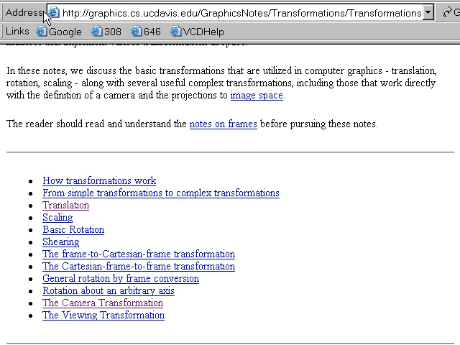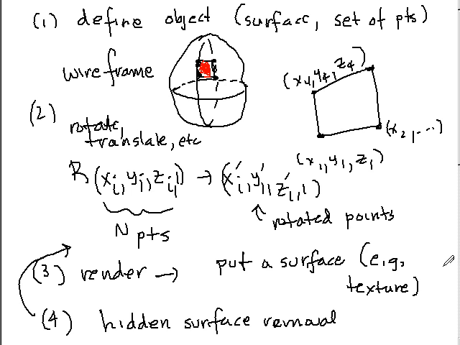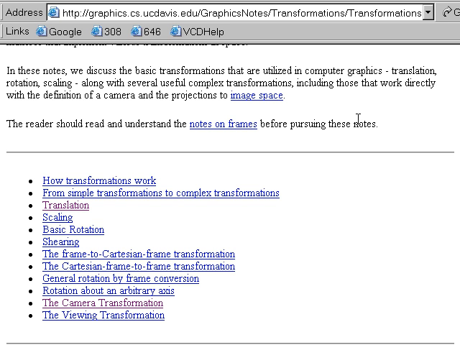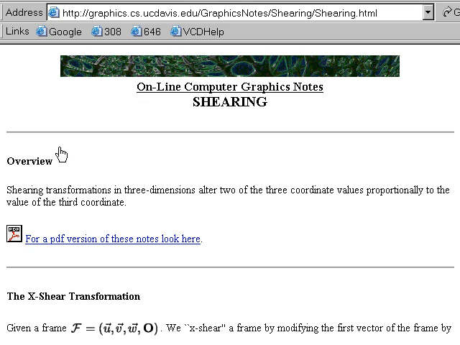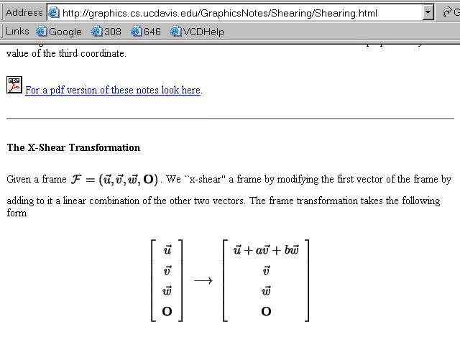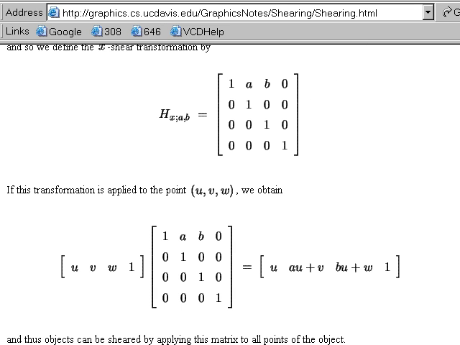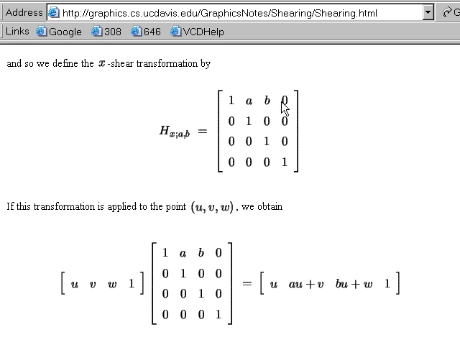The nice thing is that all your camera angles, everything in here, is encoded in a 4-dimensional matrix, and it's very easy in an algorithm to multiply a 4x4 matrix times a 4 vector. Now shearing is the one thing we didn't talk about, because those are the off-diagonal terms here, A and B.